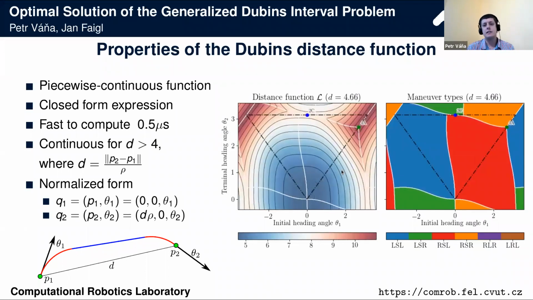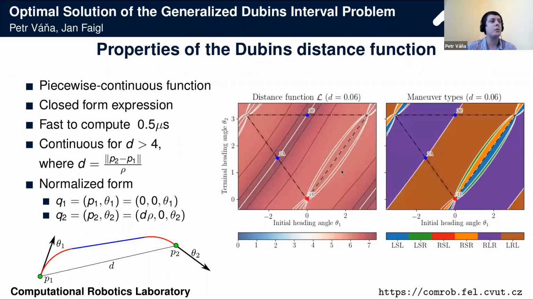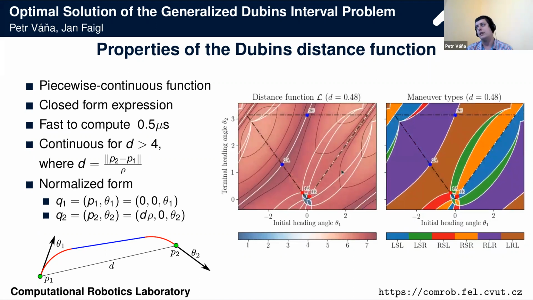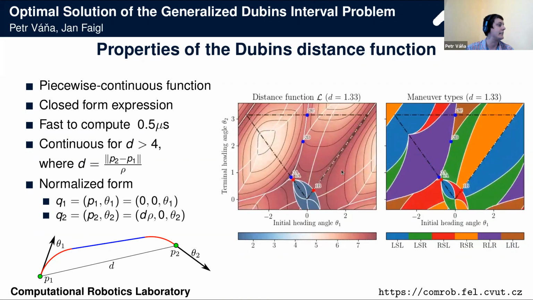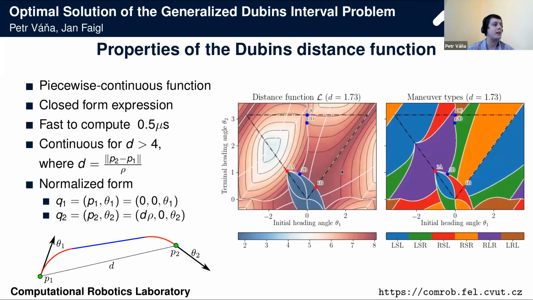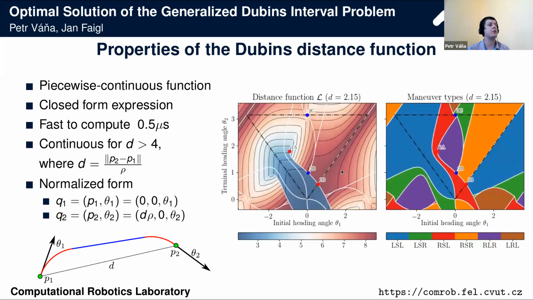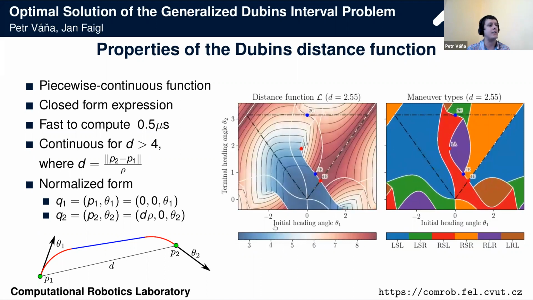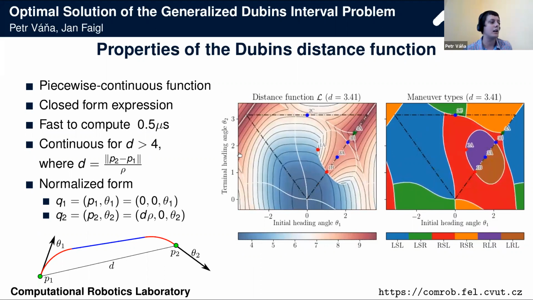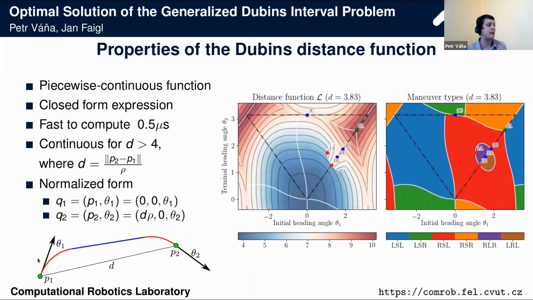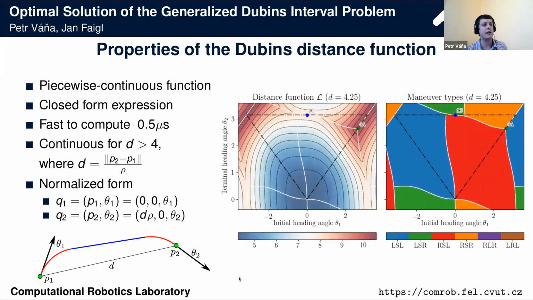And from this distance, it's much easier, and we can use, let's say, convex optimization to solve a problem like this. And just to make sure, there are two axes: this is the initial heading angle, and this is the terminal heading angle, which means we are just rotating the initial and final configuration.